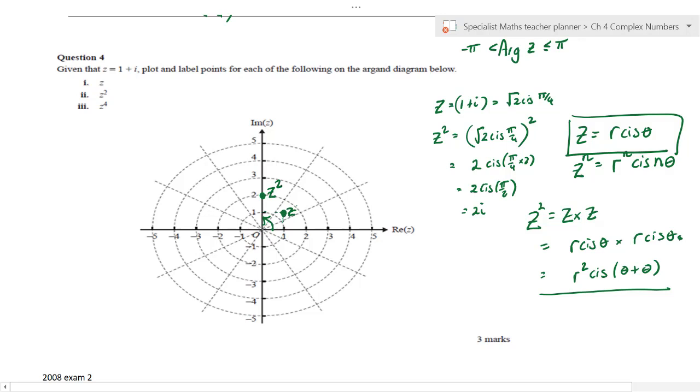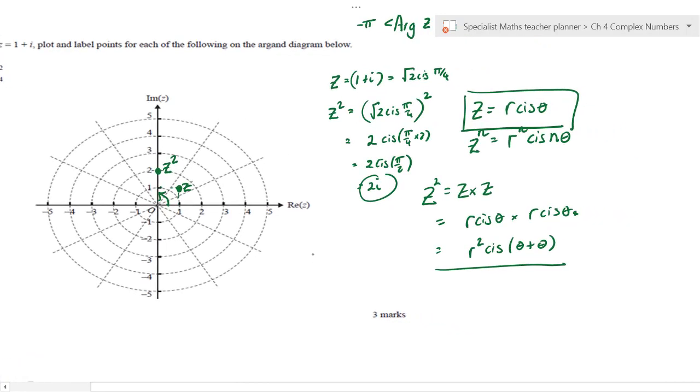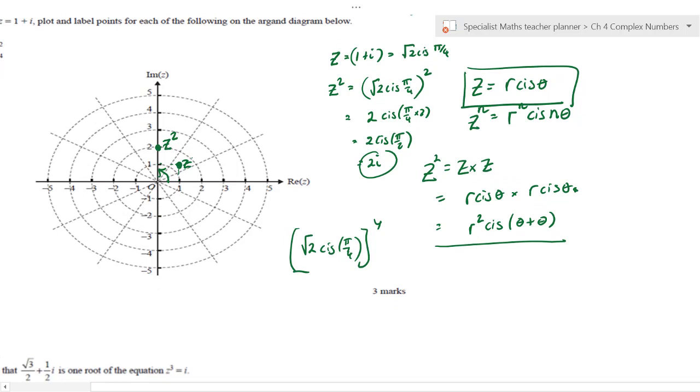Now, z to the power of 4. You could actually do a few things. You could actually square that if you wanted to. That would probably be the easiest way to do it. But if you wanted to do it back over here, root 2 cis of pi on 4 to the power of 4 is equal to root 2 times root 2 is 2, times root 2 is 2 root 2, 4.